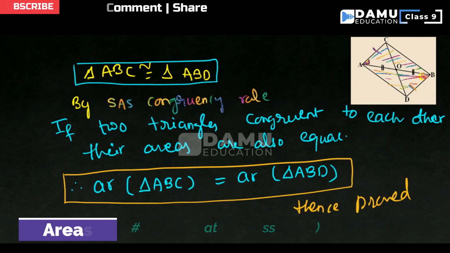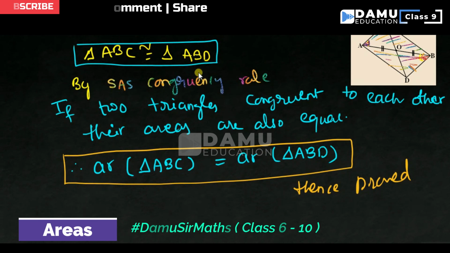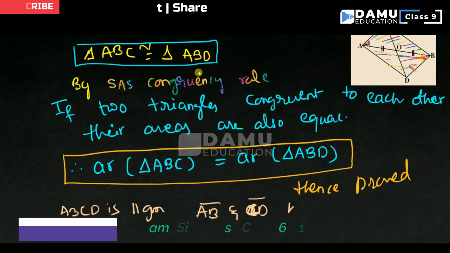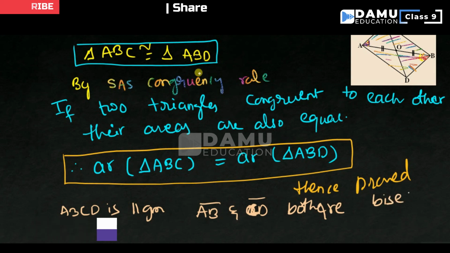Then one more condition, if you want, you can write, that is, ABCD is a parallelogram. Then AB and CD, sorry, AB and CD both bisect each other.